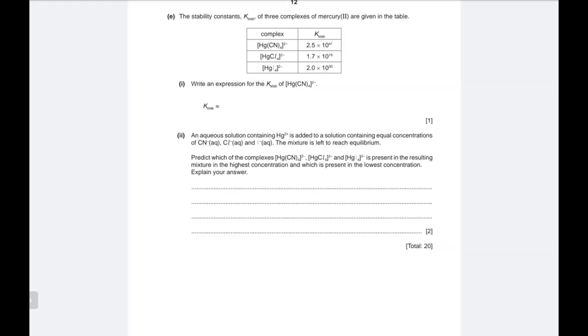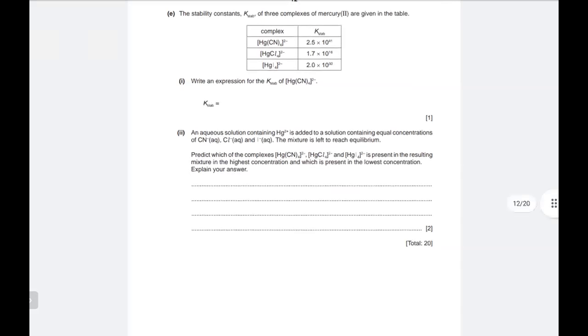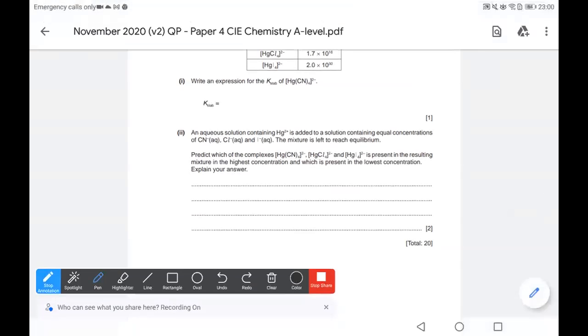So the tetracyanomercurate ion is the highest, the first one should show the highest concentration. HgI4 is the second. First, the highest. Second, the least. The higher the K stability, the higher the concentration of the compound it forms.